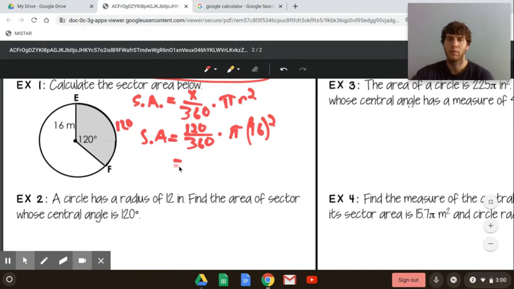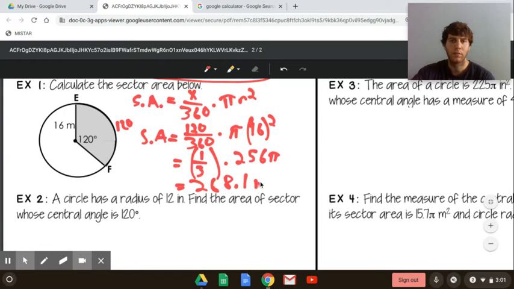Again, 120 divided by 360 was 1/3, and then your area is 16 squared times pi, so that's going to be 256 pi. When you multiply that all out, it should give us the 268.1, and that is meters squared. We're dealing with area, so it's meters squared.